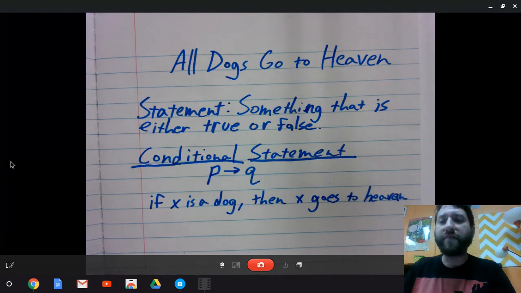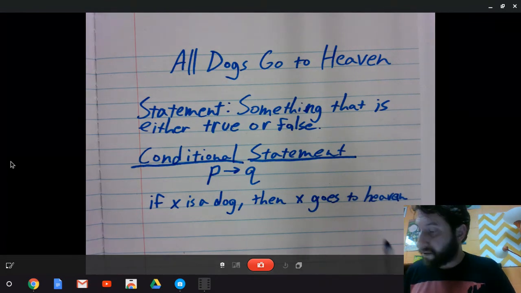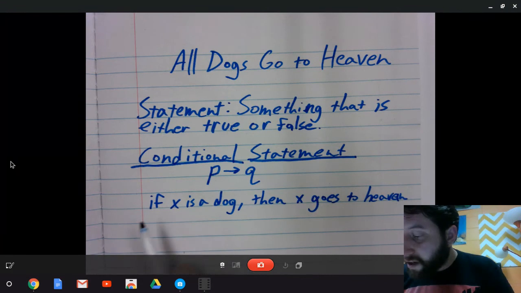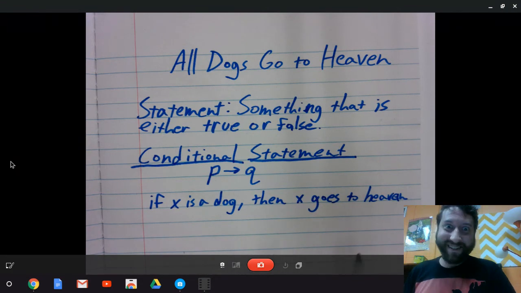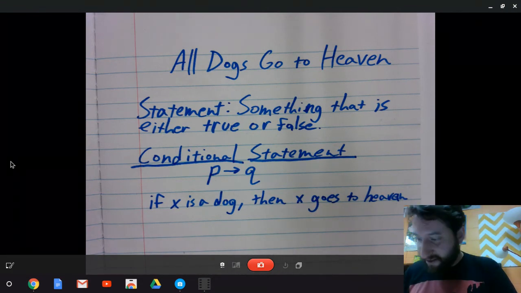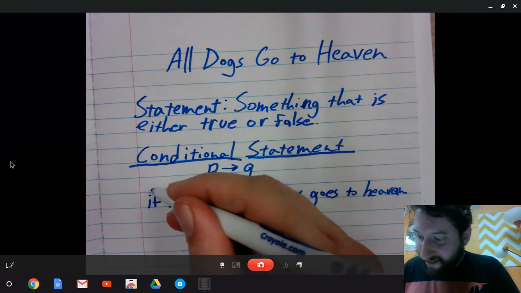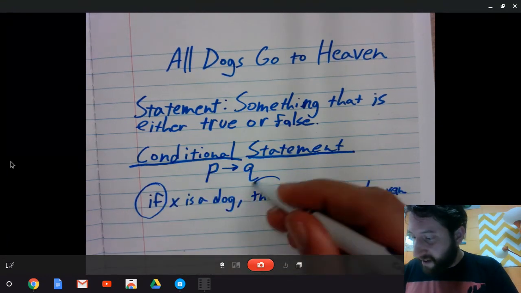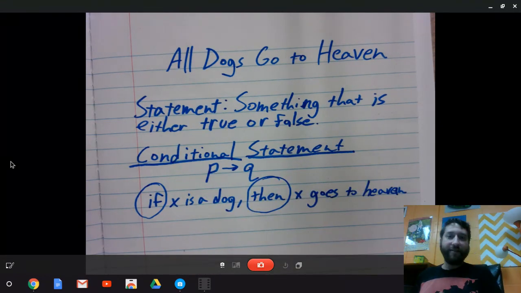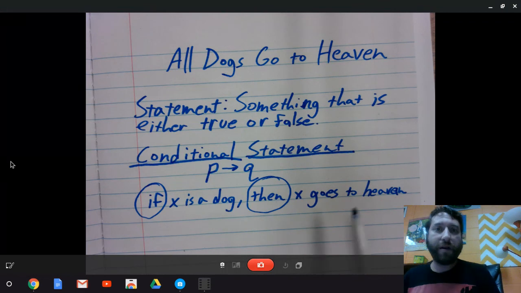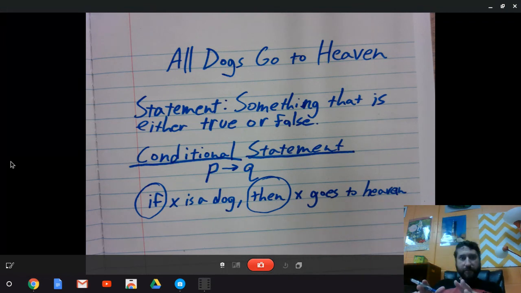I think that's right. I don't know. Be honest, I forget how to spell heaven all the time. All right, so if X is a dog, then X goes to heaven. These are the two big important words, and I'm going to circle these because this is important. If and then. If blah, blah, blah, then blah, blah, blah. That's the conditional statement.